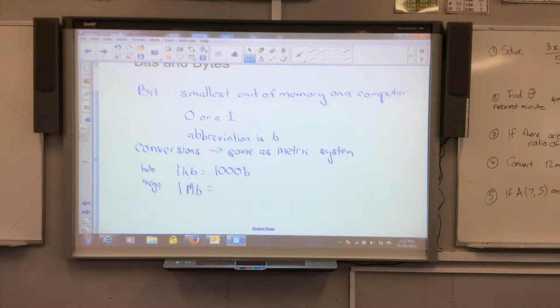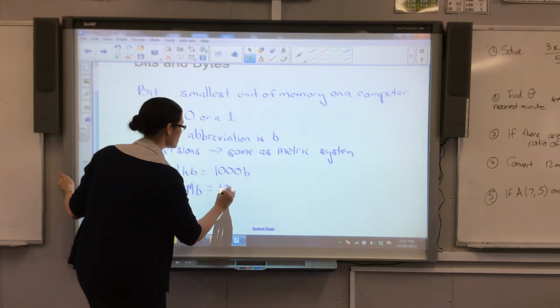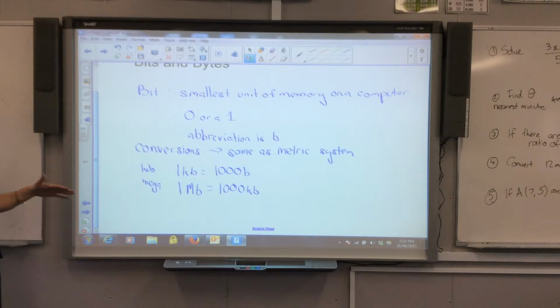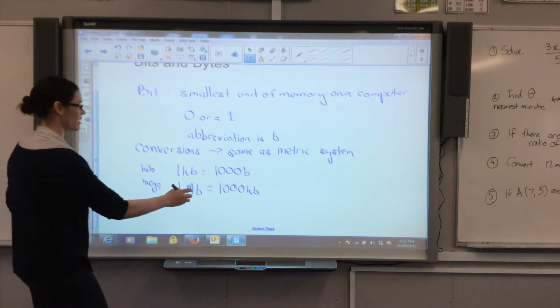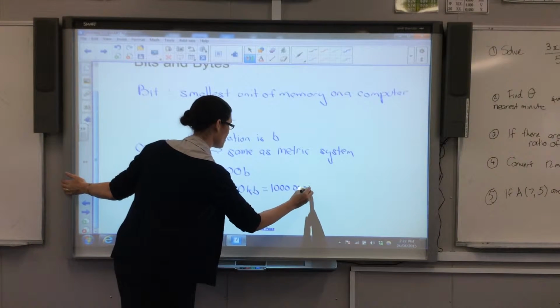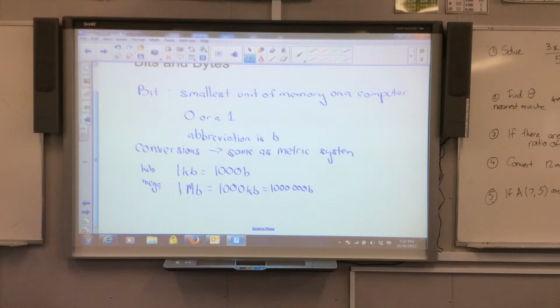It's going to be 1,000 kilobits or 1,000,000 bits, okay? So it will be 1,000 kilobits, exactly the same as we would do for any other metric, which is 1,000,000 bits.